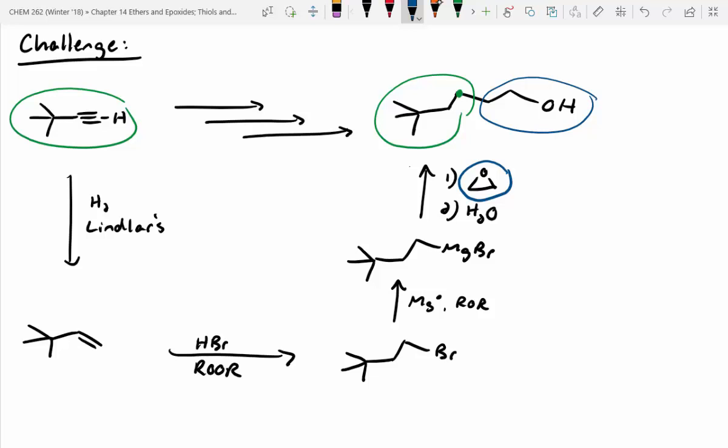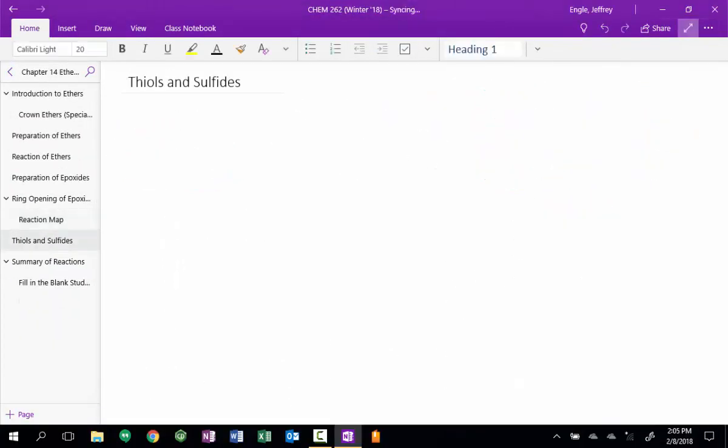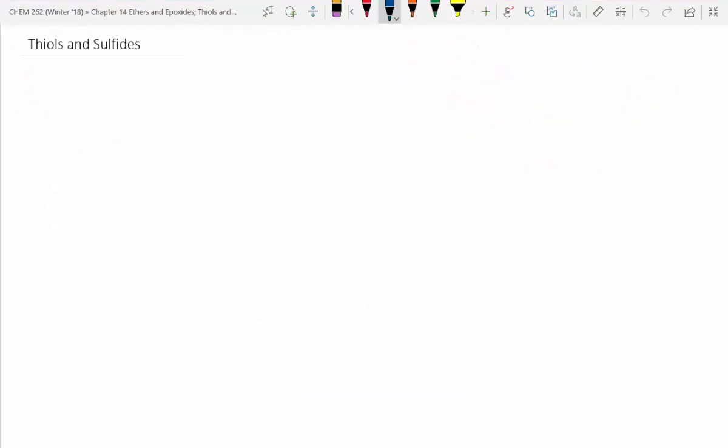All right, so let's take a look at thiols as the last section for this chapter. And thiols are very similar to alcohols. They're the sulfur analogs of alcohols.